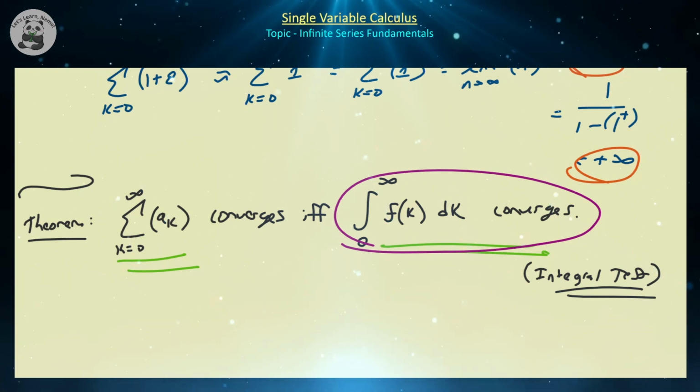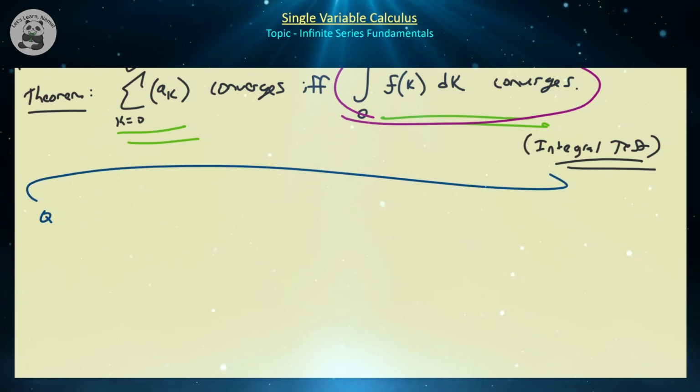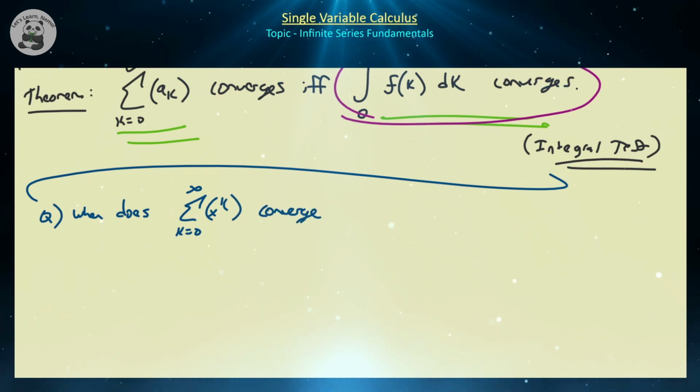Right? So let us jump back into our previous example where we were interested in when does the sum from k equals 0 to infinity of x^k converge, in particular to this number 1 over 1 minus x?